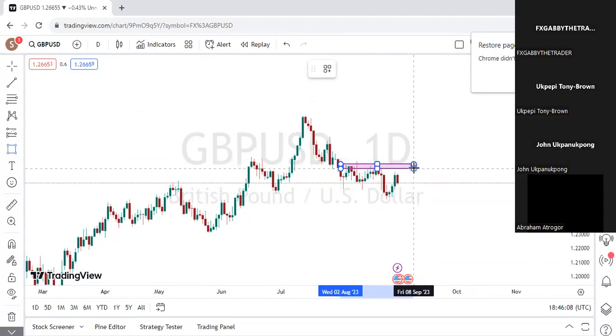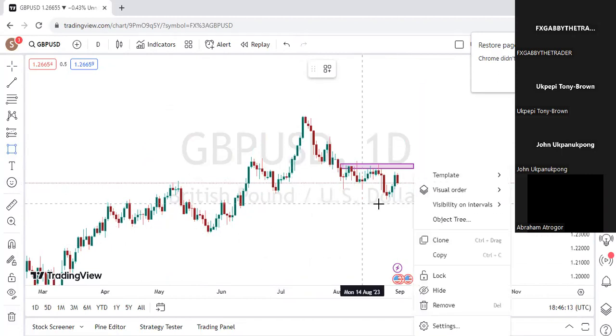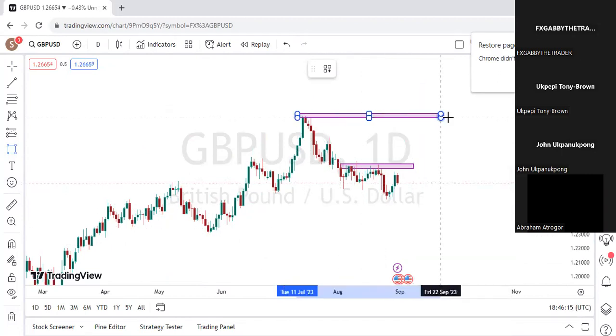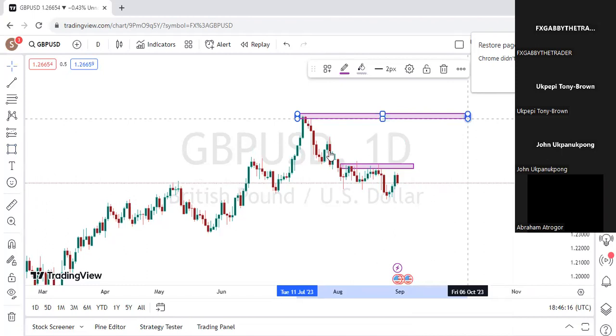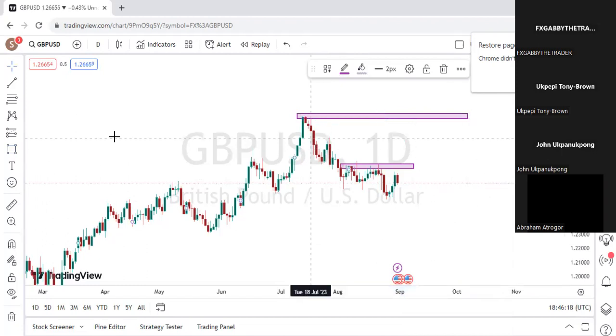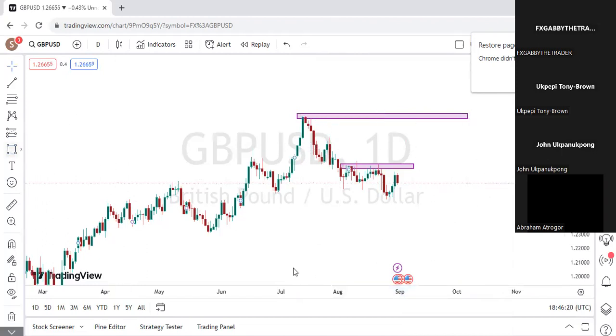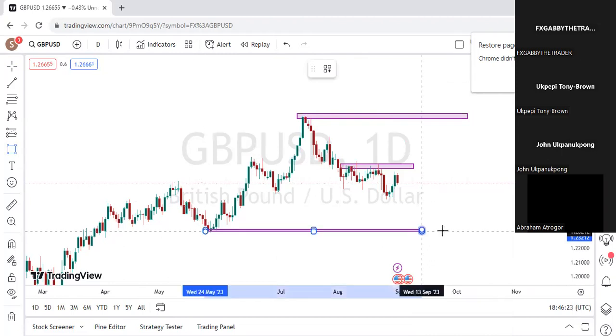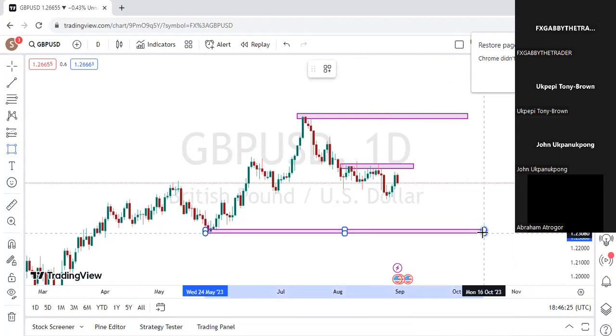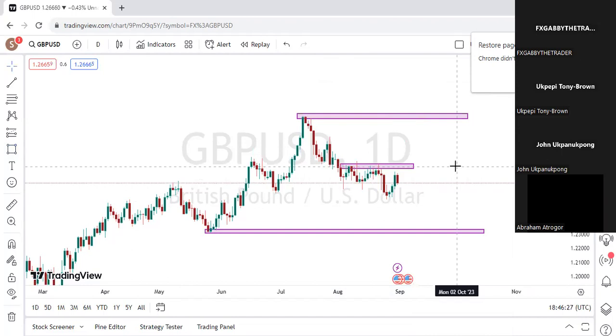The market moves. The market also reacts. And the market does not stay in one place.